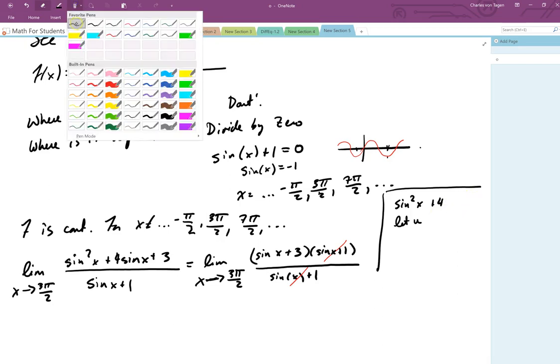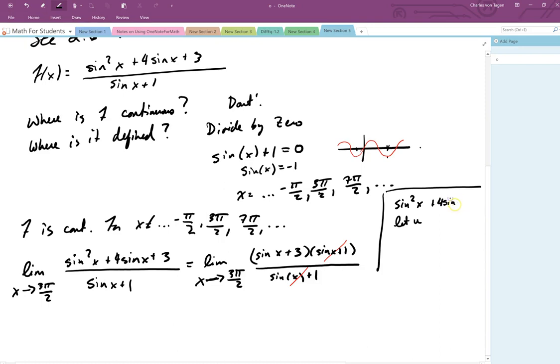If we let u equal the sine of x, that means we could rewrite the problem as u squared plus 4u plus 3. Put another way, we could look at this trig expression as a quadratic expression. We'd say that it has a quadratic form. After we do the u substitution, the fact that it's a quadratic form is much more clear.